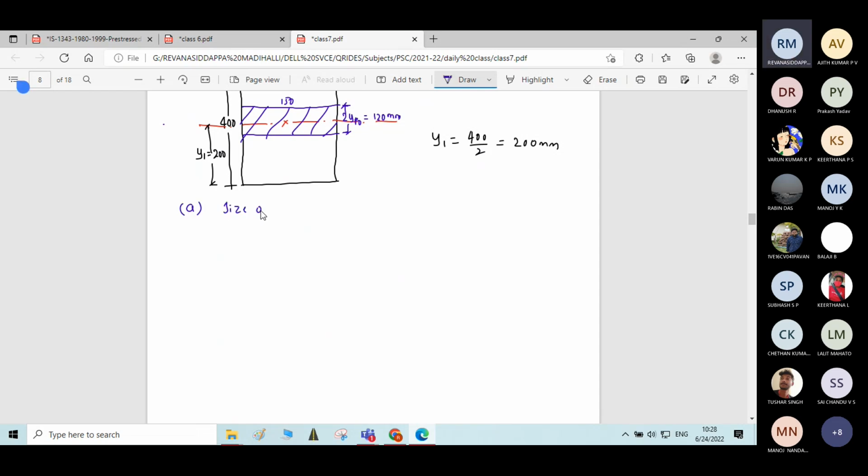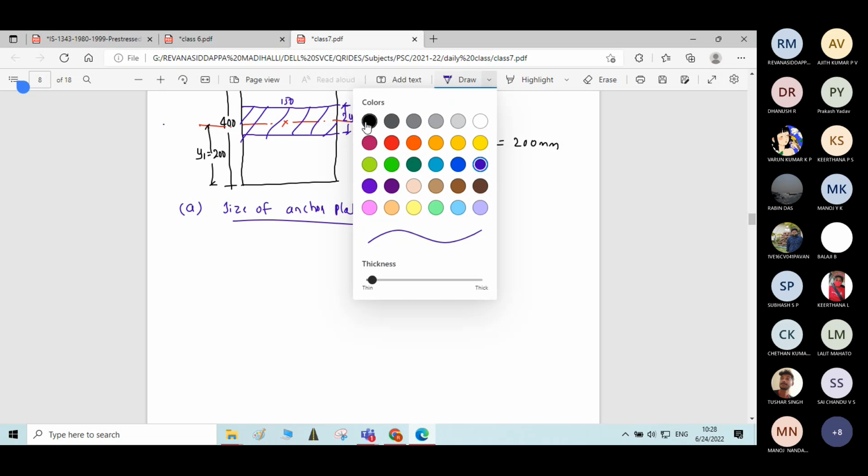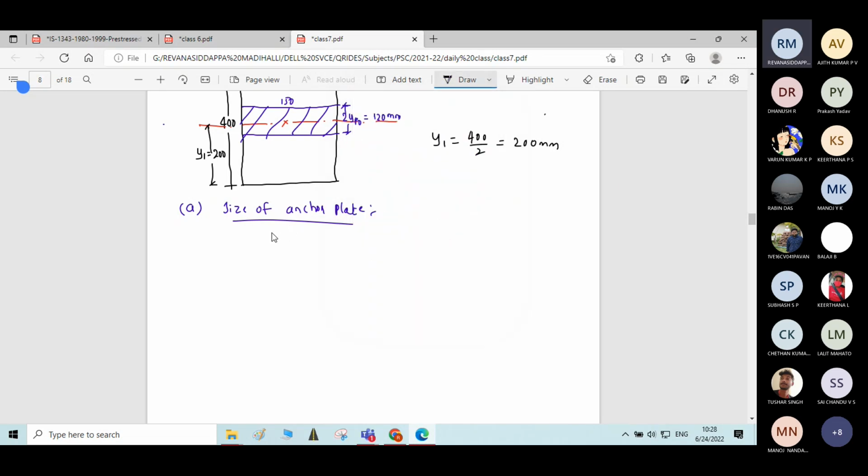Size of anchor plate. So in this we need the 2 YP naught value, correct? Which means the depth of the plate, which is equal to 120 mm.